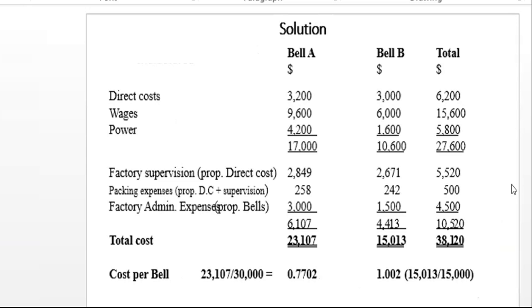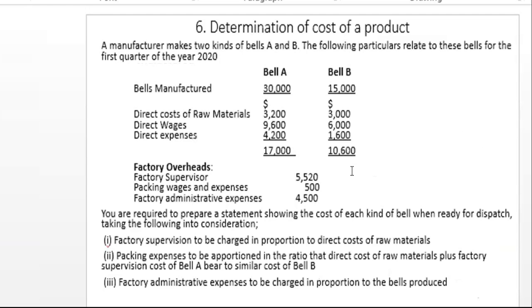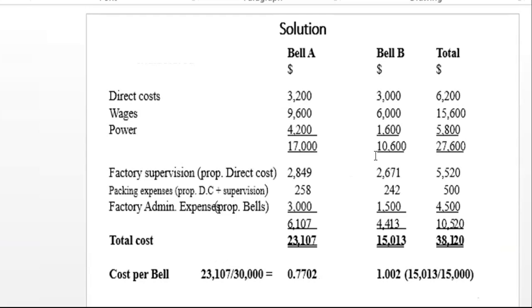So when you do that, you'll get this analysis. For direct cost, the figures you already have in the illustration here. So it is now this total, and then these are the apportionments.